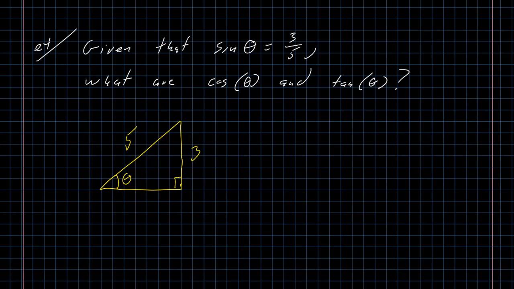Now I've got a right triangle with two sides known. And I can put that information into the Pythagorean theorem, or in this particular case, we have a special triangle that you might know offhand. If not, the calculation isn't too bad.